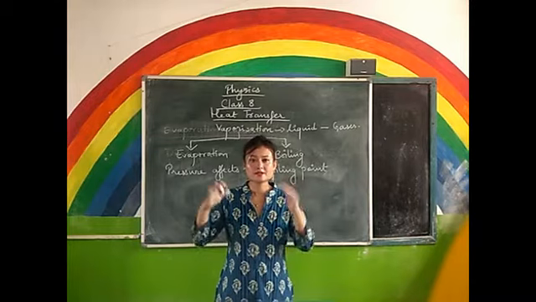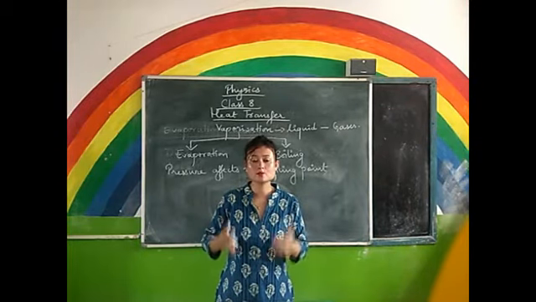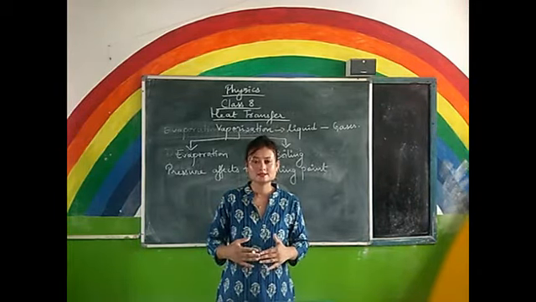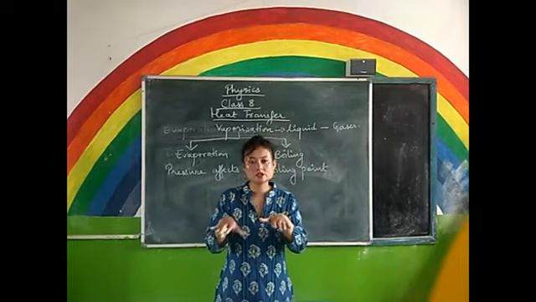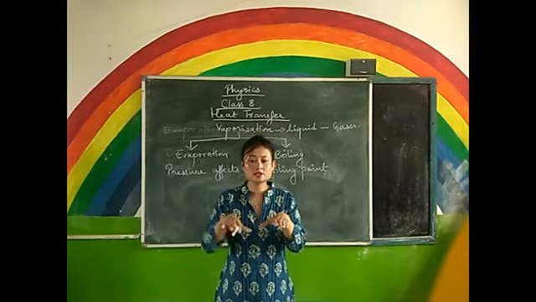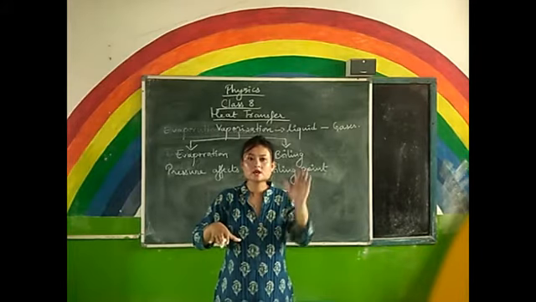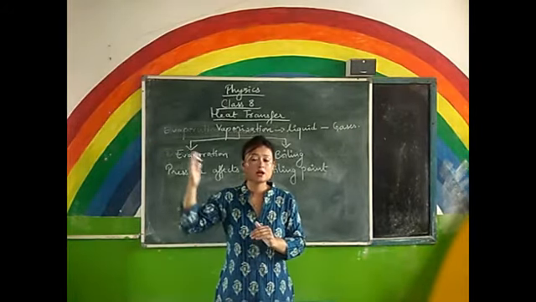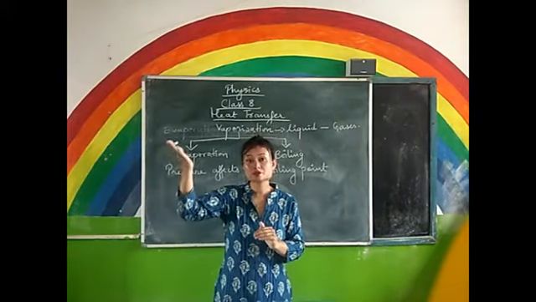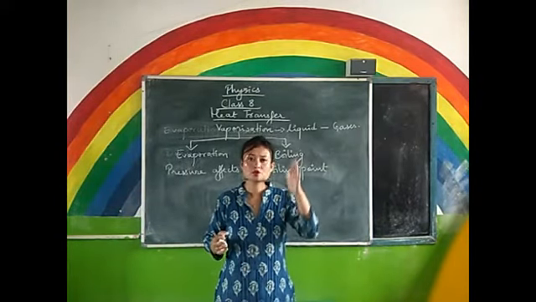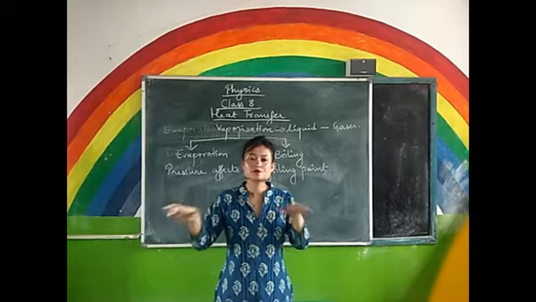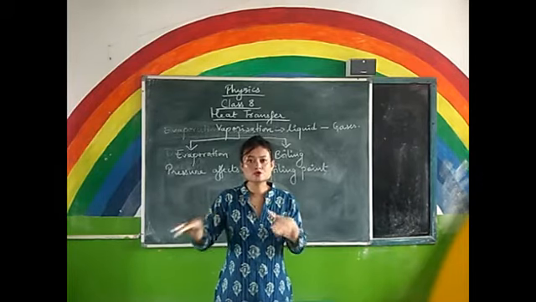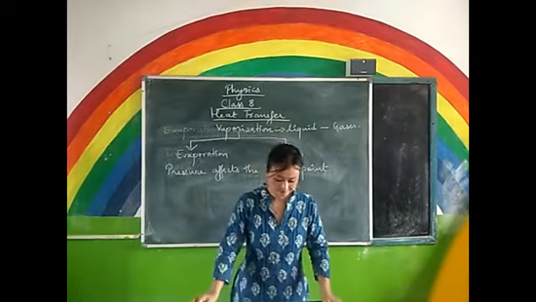That's why if the atmospheric pressure is less, the boiling point will also be less. That means they have to balance each other. So if the atmospheric pressure decreases, the boiling point also decreases. If the atmospheric pressure increases, the boiling point also increases. This is to balance with the atmospheric pressure.